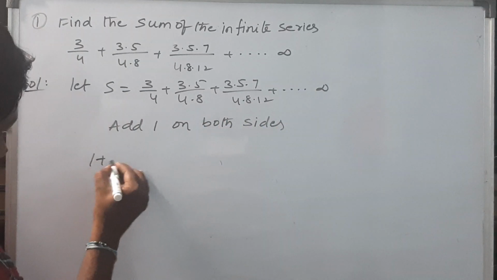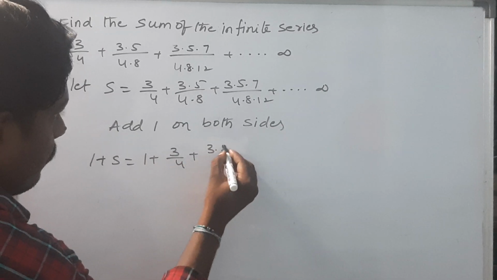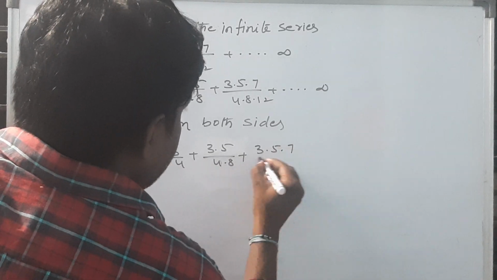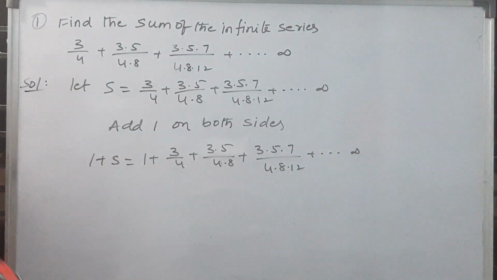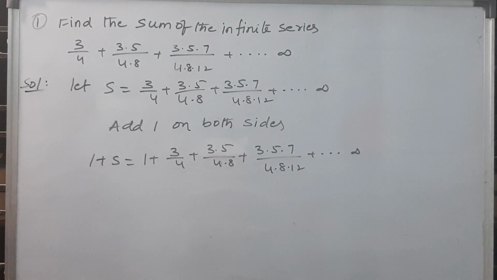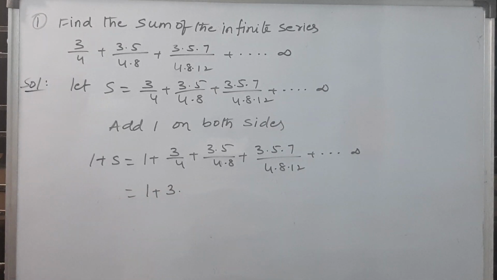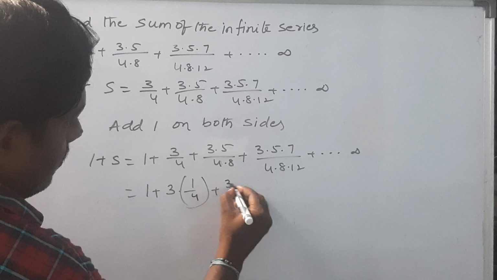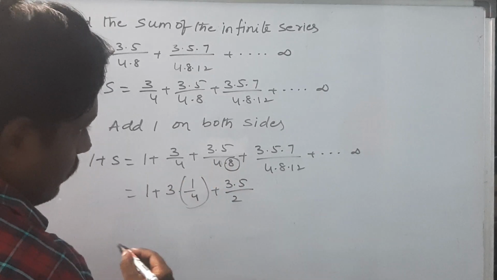That means 1 plus S is equal to 1 plus 3 by 4 plus 3 into 5 by 4 into 8 plus 3 into 5 into 7 by 4 into 8 into 12 plus and so on to infinity. So this can be written as 1 plus 3 into 1 by 4 plus 3 into 5 by 2, where 8 can be written as 4 into 2.